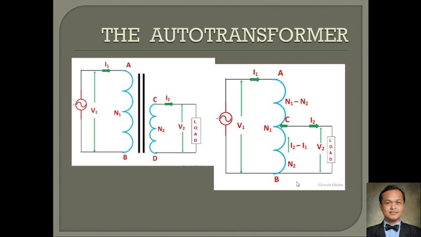See the difference? There are two windings in the ordinary transformer, while this figure has only one winding. But the two windings of an ordinary transformer are connected together in the auto transformer.